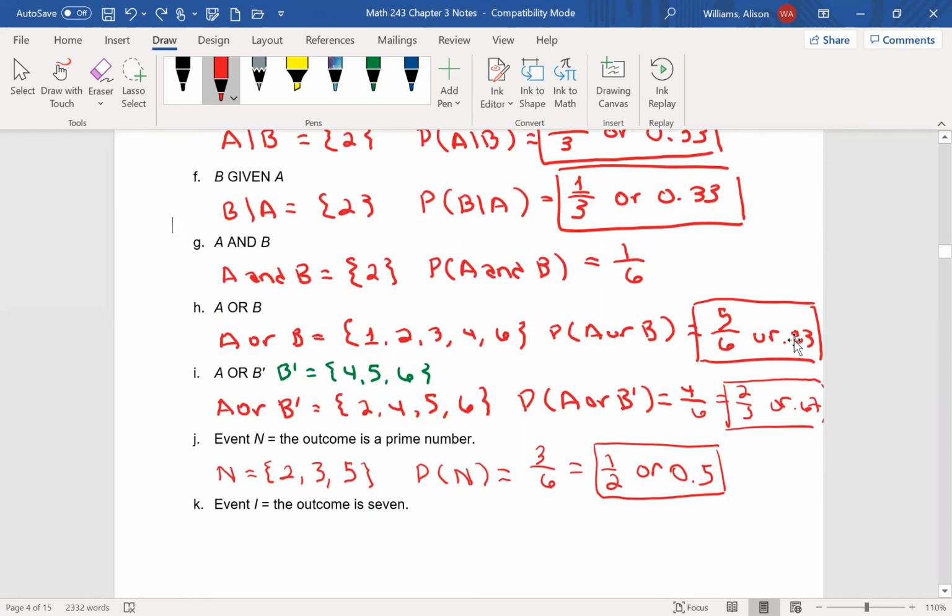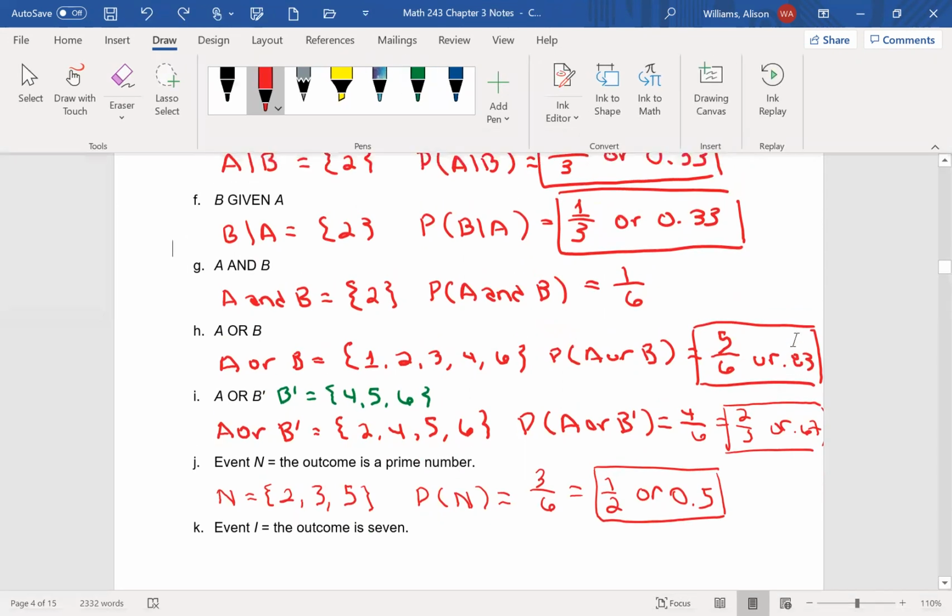The event I is an outcome of 7. So that would be, again, a singular number of 7, which would be impossible because we don't have a 7 in this set. So when that happens, we put the empty set. Now, there's a couple ways to write it.